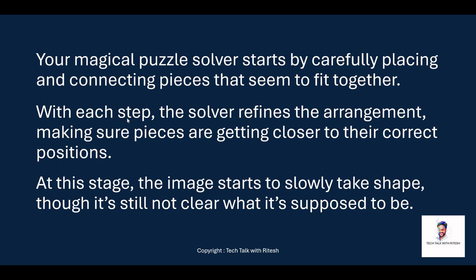Your magical puzzle solver starts by carefully placing and connecting pieces that seem to fit together. With each step, the solver refines the arrangement, making sure pieces are getting closer to their correct positions. At this stage, the image starts to slowly take shape, though it is still not clear what it is supposed to be.